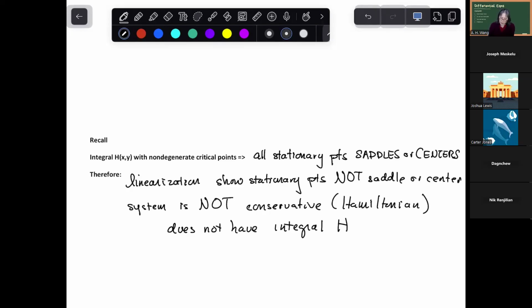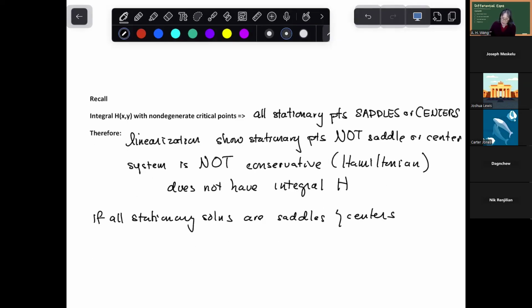But if all stationary solutions are saddles and centers, it may not be conservative. It's possible it might not be, so you must check if it's conservative.